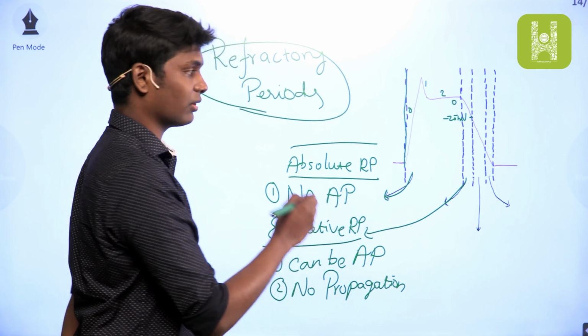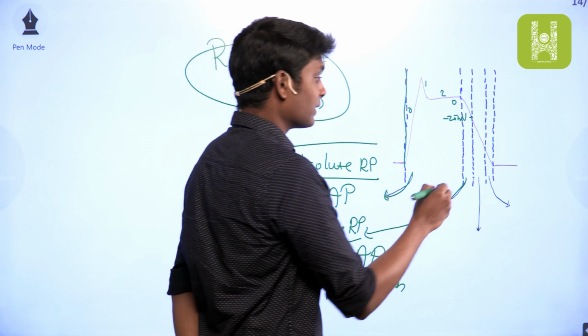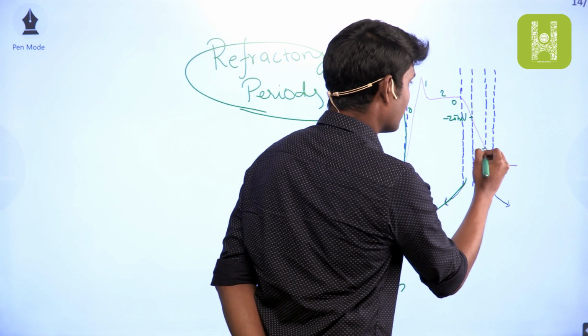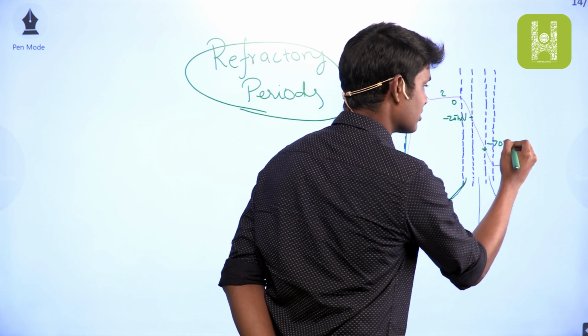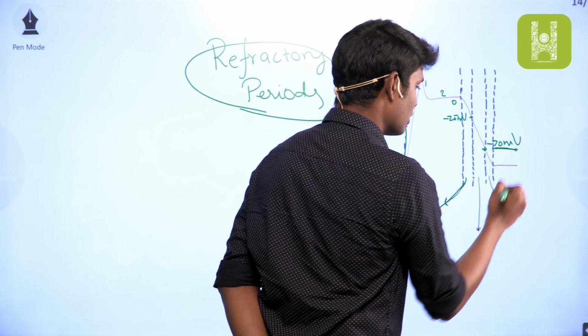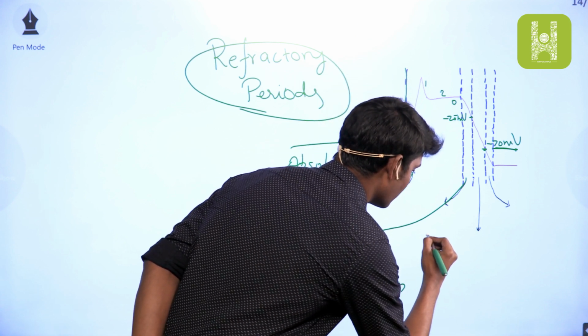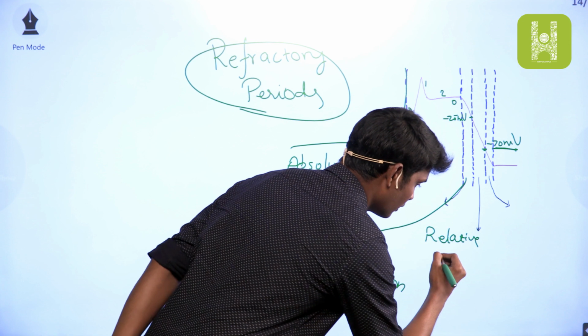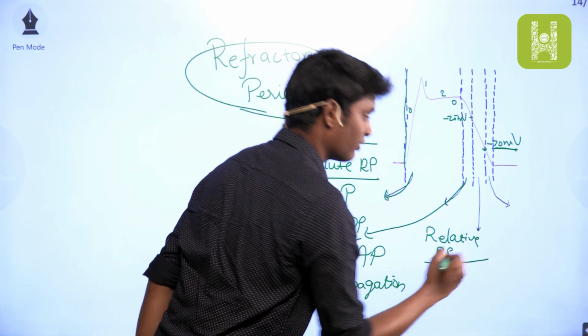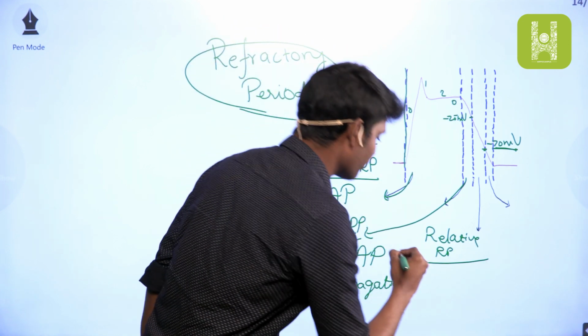So that is the effective refractory period. And the third one is from minus 25 to around minus 70 millivolt, which is actually the threshold potential. So that period is called relative refractory period.